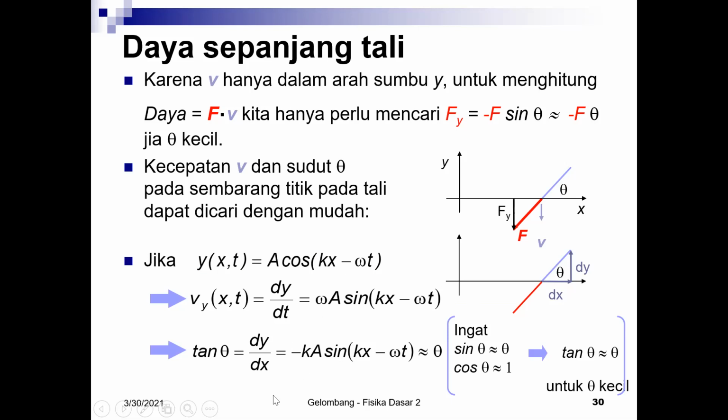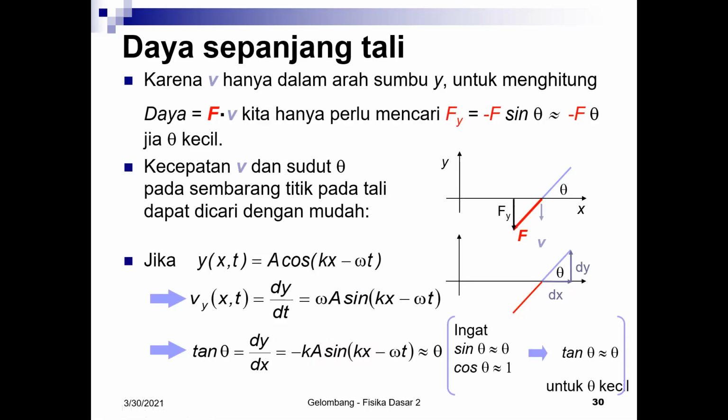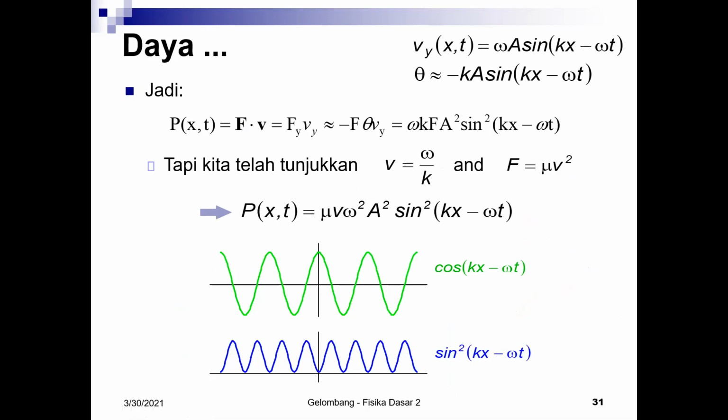Because for small theta, sin theta equals theta and cos theta equals 1, since theta is very small, around 0.